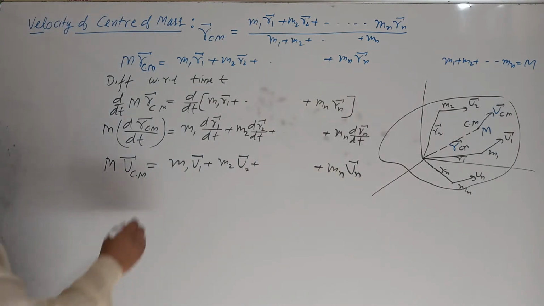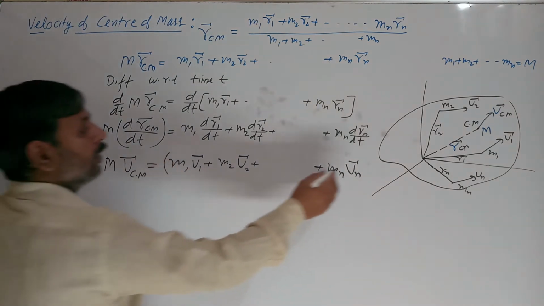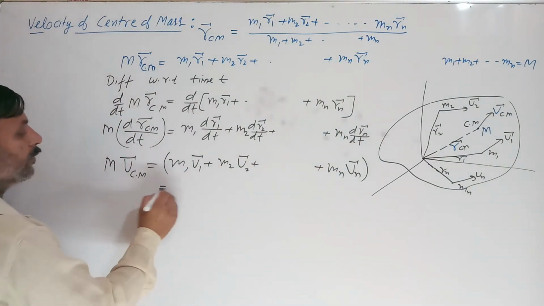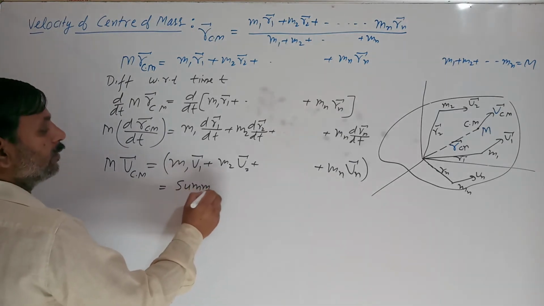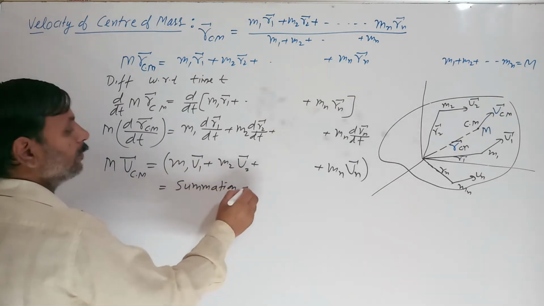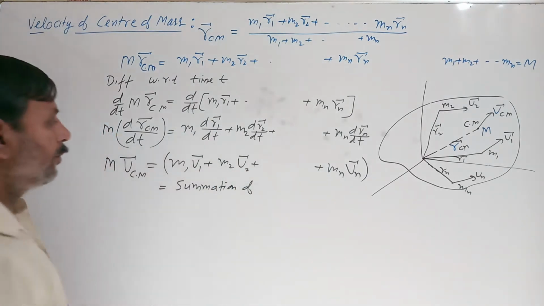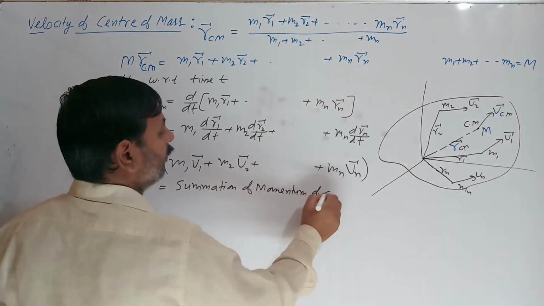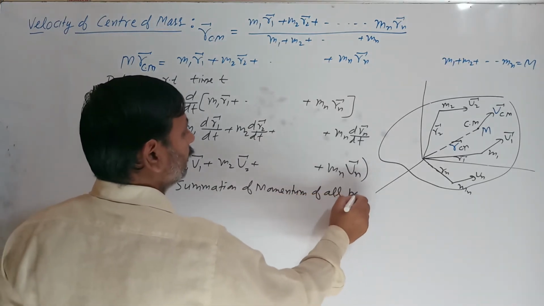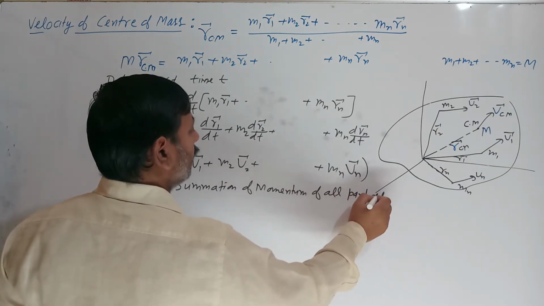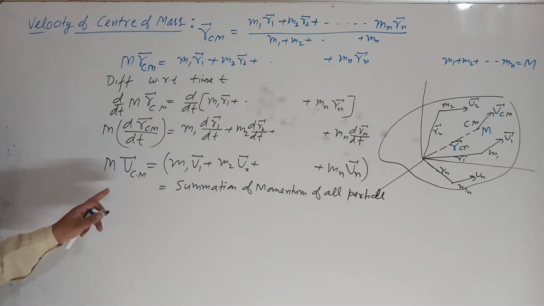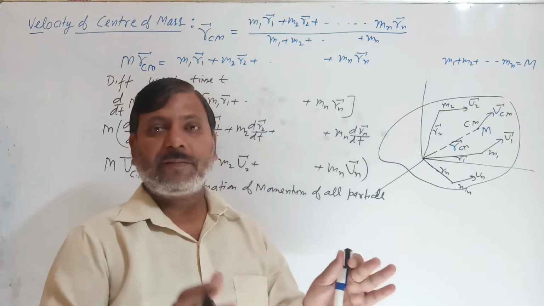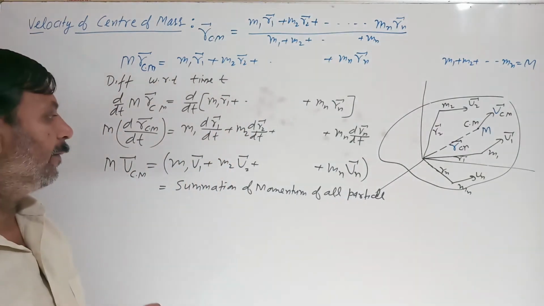Here we can see this is the total linear momentum of the individual masses, the summation of momentum of all particles, which is equal to the linear momentum of the center of mass, where total mass is concentrated.